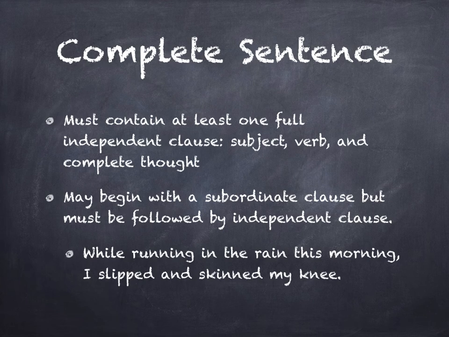Here's an example. While running in the rain this morning, comma, I slipped and skinned my knee. We have the subordinate clause at the beginning, but it is separated with a comma and followed by the independent part of the sentence. Therefore, this is written correctly.